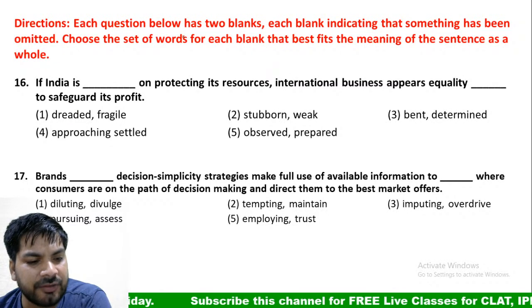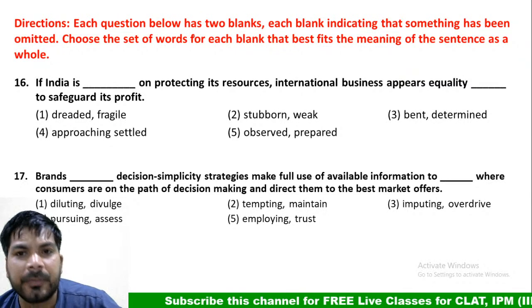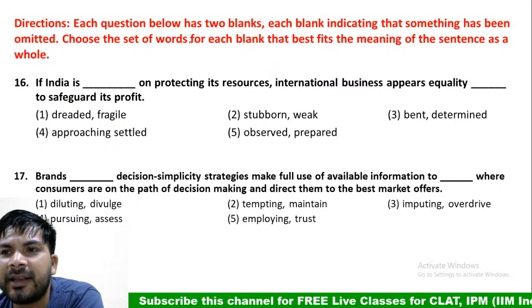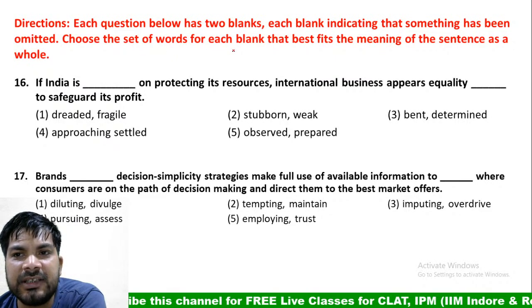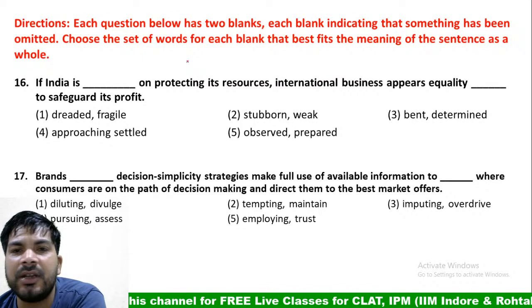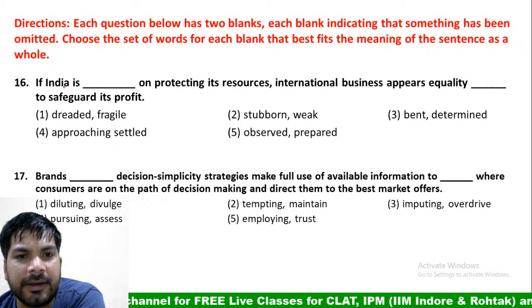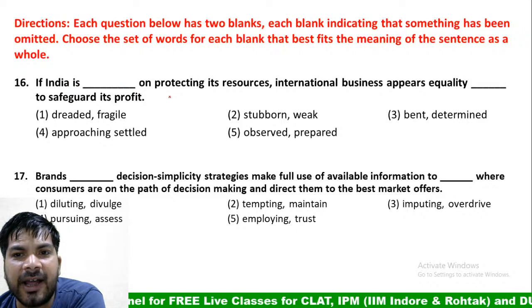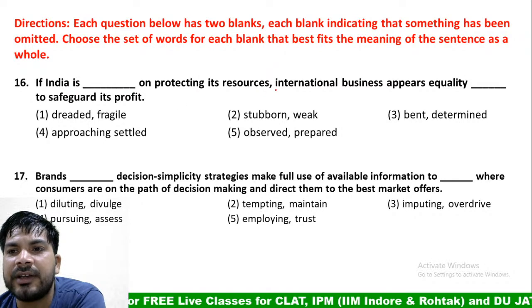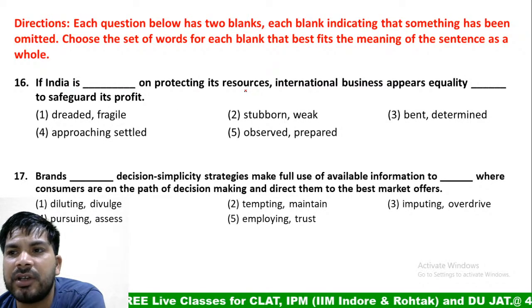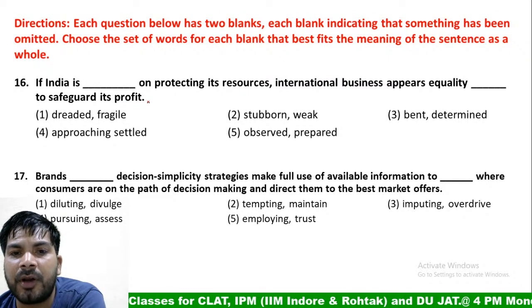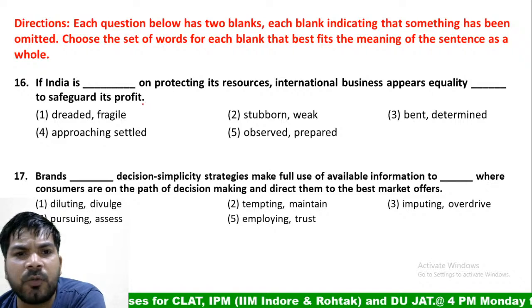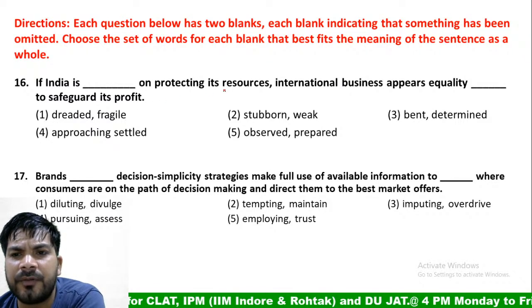Let's see. If India is dash on protecting its resources, international business appears equality dash to safeguard its profit. Appears equality to safeguard its profit.